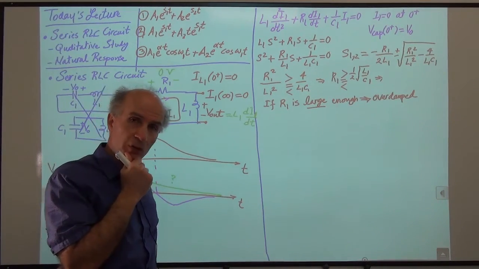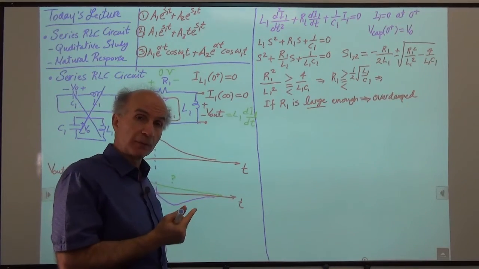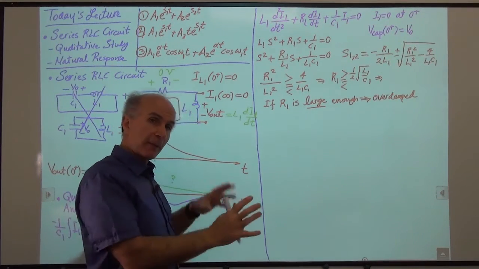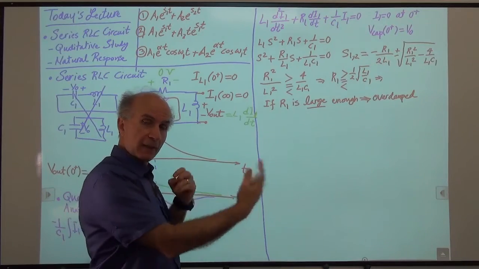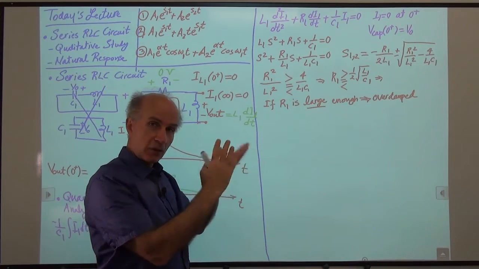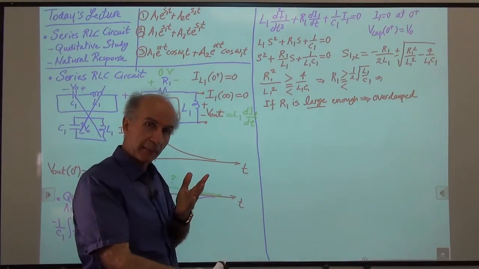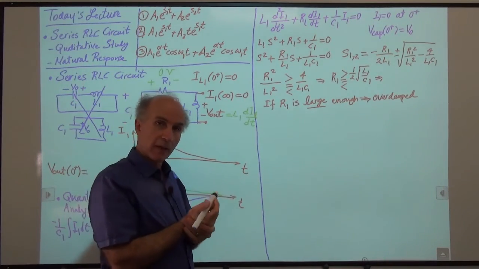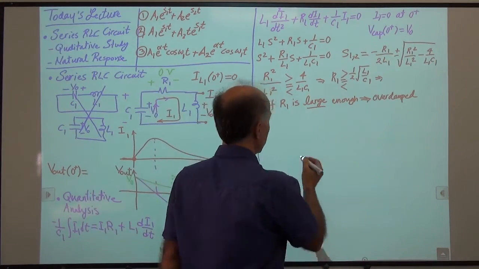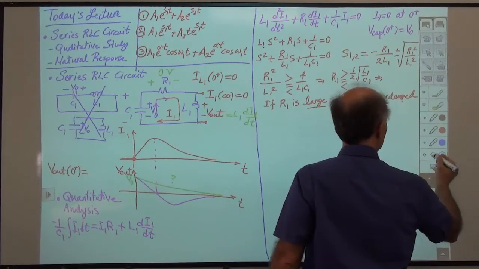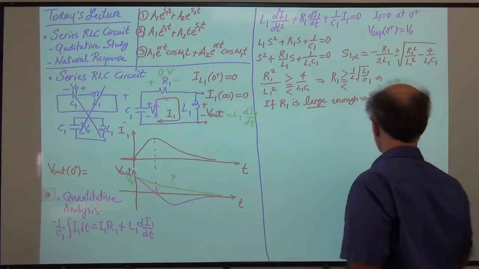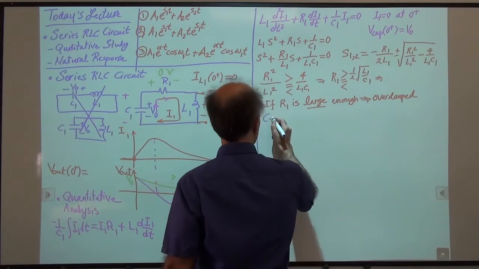And is there any intuition to explain why this is true? If I compare the parallel RLC circuit and the series RLC circuit, the conditions are opposite of each other for underdamped versus overdamped. So I want to understand why that is true. So let's just make a quick comparison here, and that will show us why.